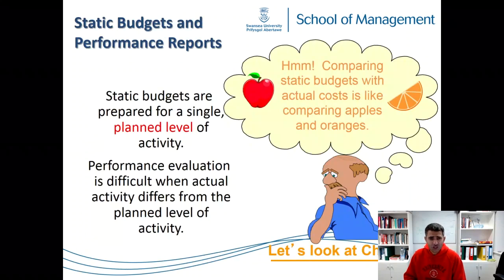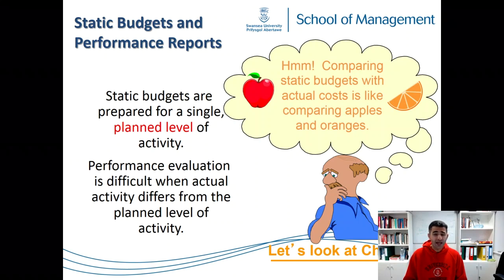The last budget we will look at here is the flexible budget. If you look here, you can see that static budgets are prepared for a single plan of activity. When it comes to a static budget, it's only for one level of activity.